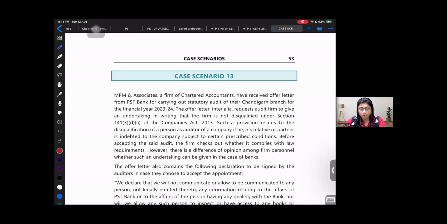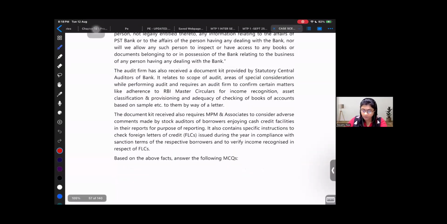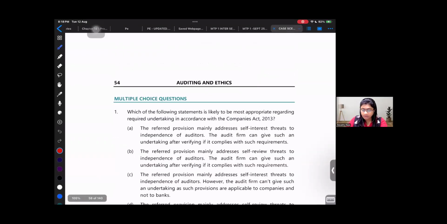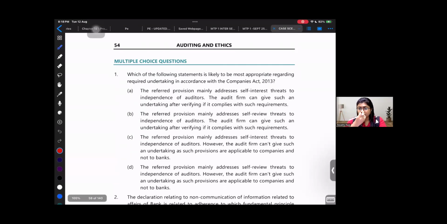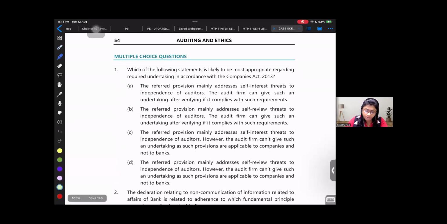Okay. So as always, a lot of things are happening here. One full page is there. We will go directly to the MCQ. Can you read the MCQ? Which of the following statements is most appropriate regarding the undertaking in accordance with the Companies Act?